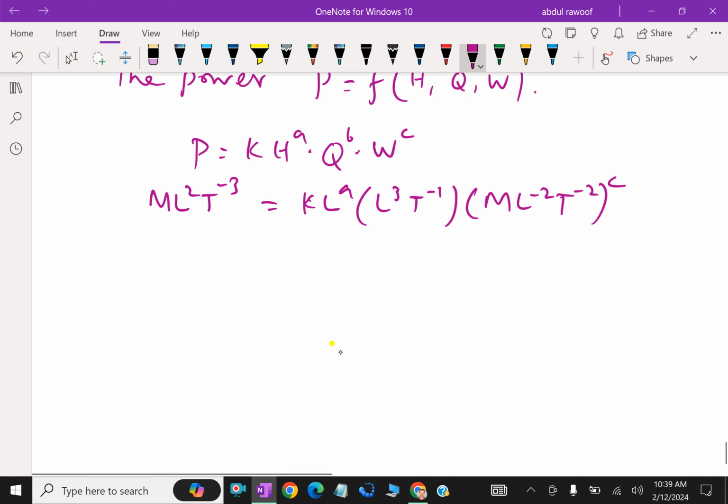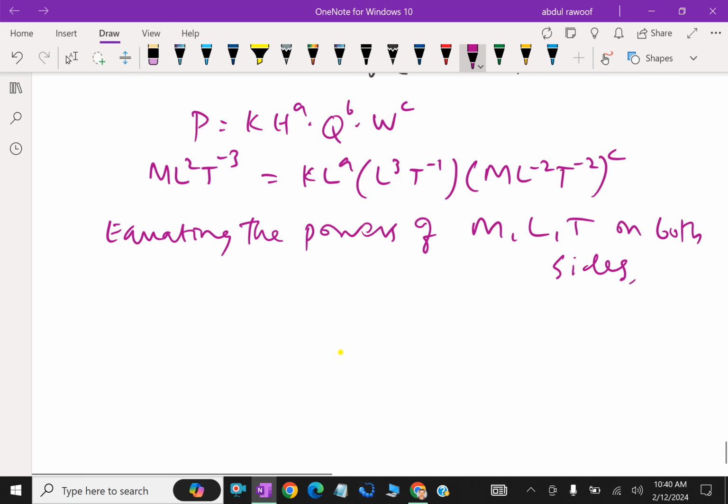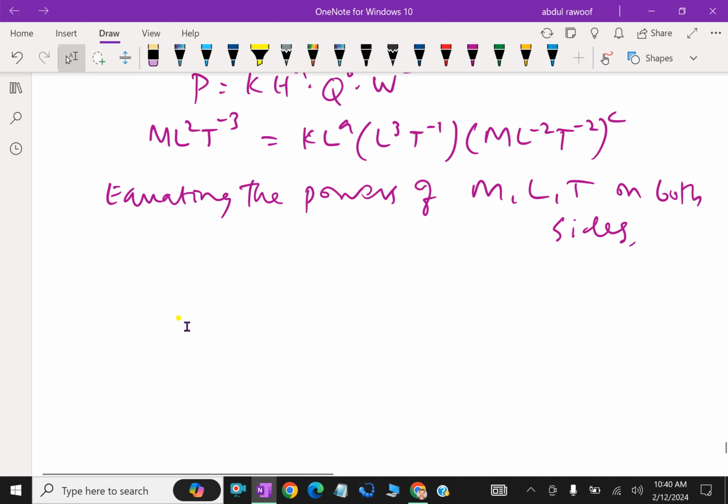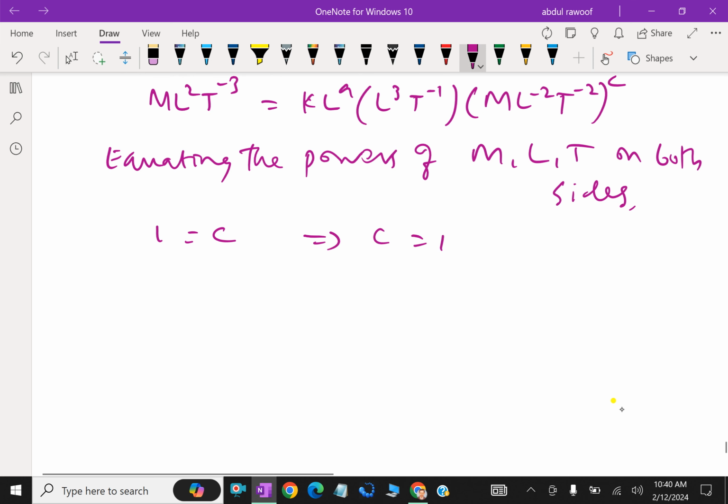Now equating the powers of M, L, T on both sides, we get, first M is 1 here, and here M is power c, so 1 equal to c, which gives c equal to 1.